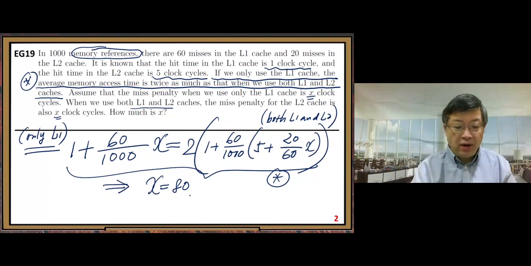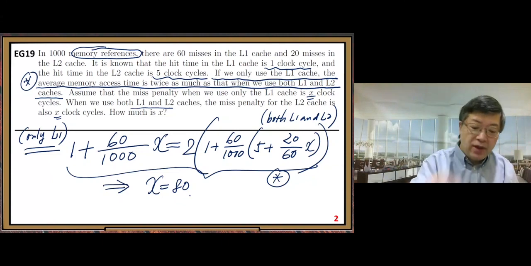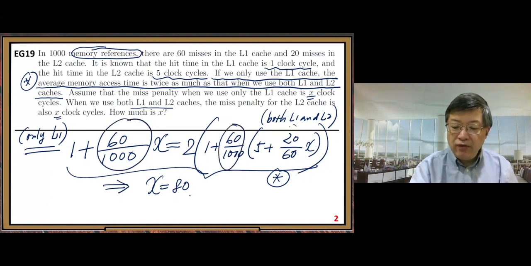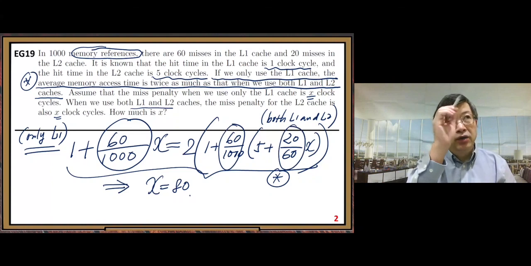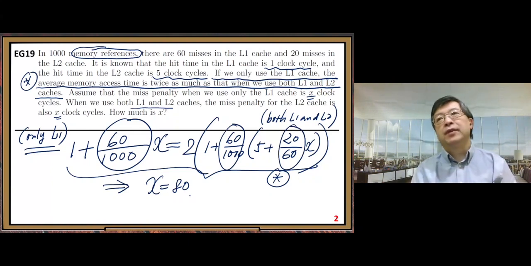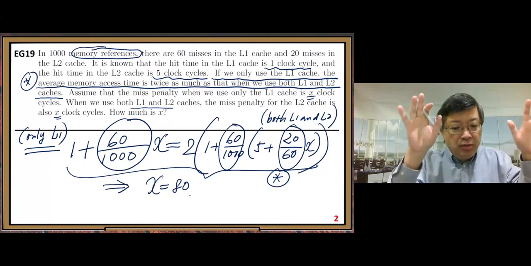The important part is to write the miss rates correctly: the local miss rates for L1, L2. If you can do that part correctly, then the whole question is not very hard. All right, so let me stop here and we complete C.4.